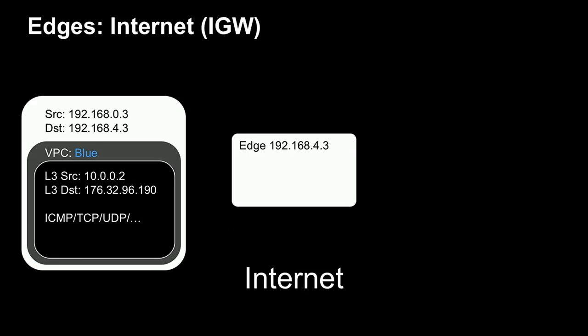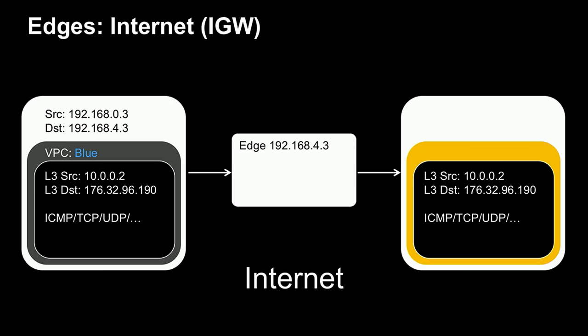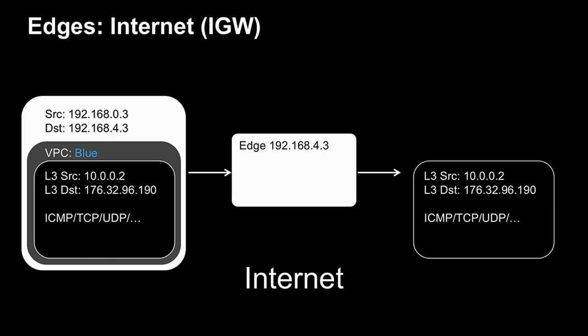When it arrives at the edge, the system is going to pull off the headers that are specific to Amazon, right? The substrate packet isn't material. The VPC tag header is not applicable. Those get pulled off. We have our elastic IP address so that we can actually get this out onto the internet, right? 10 dots are not going to route. So we're going to convert that to a 54 and send that out.